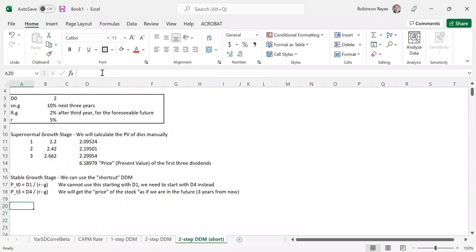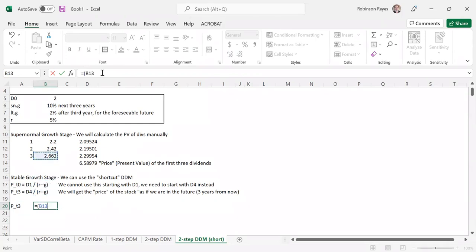Okay, so let's do that. P at time 3 will be equal to D4. Now, what is D4? D4 is just this dividend 3 multiplied by 1 plus the long-term growth rate.